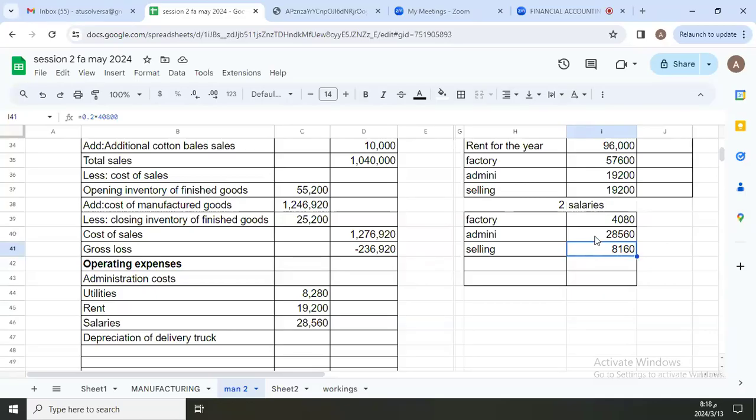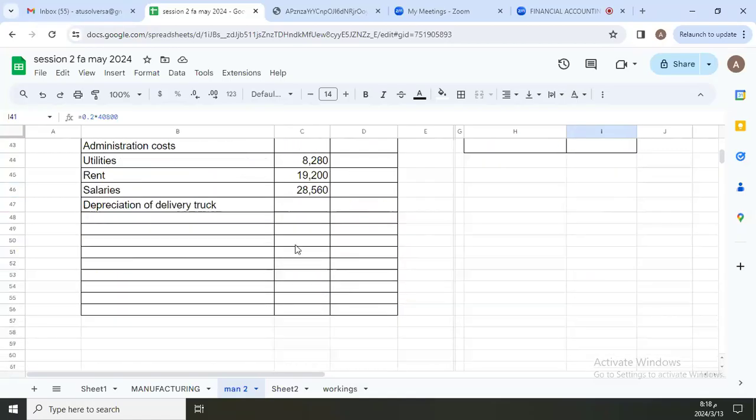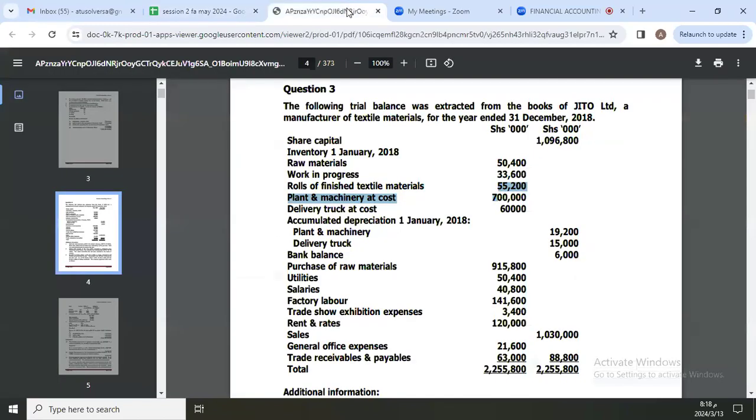Okay, I've seen. So we say depreciation of delivery truck will be equals to, we open brackets, cost 60,000 minus accumulated depreciation. How much is our accumulated depreciation? 15,000.